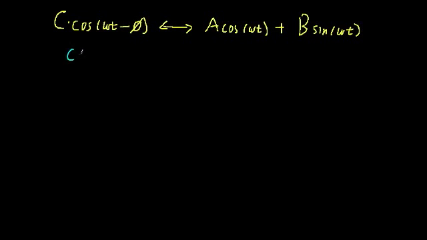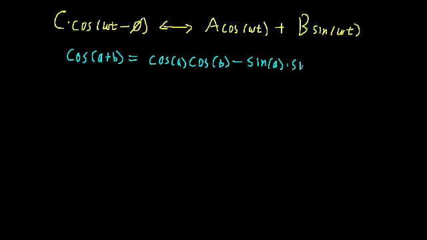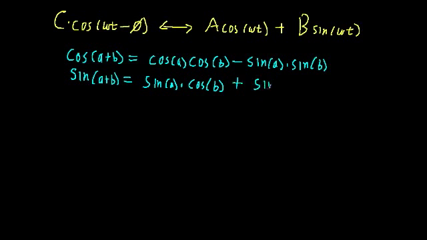Cosine of A plus B is equal to cosine A times cosine of B minus sine of A times sine of B. And just for completeness, I'm going to put the other adding angles formula, which is sine of A plus B is equal to sine of A times cosine of B plus sine of B times cosine of A.